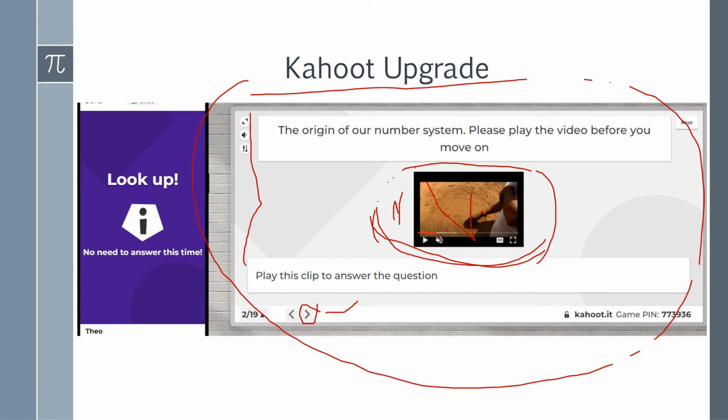Make sure you bring both your phone and your computer, because the phone is what you're going to use to answer the question, and you're going to need the computer to play the video.